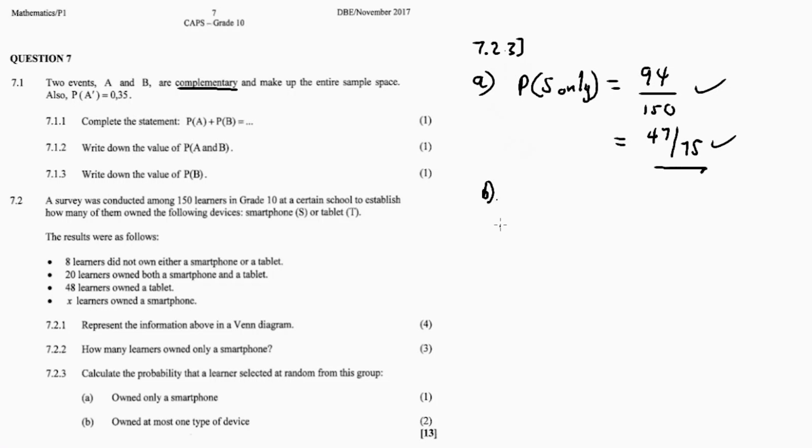So therefore the probability of S, smartphone, or a tablet, or neither, simbhala njani neither, or neither a smartphone or a tablet is equal to 94 divided by 150 plus 28.